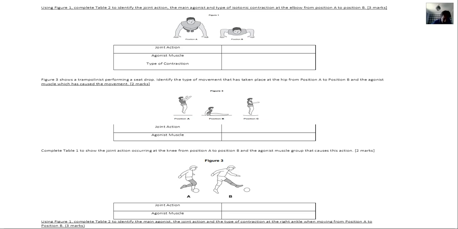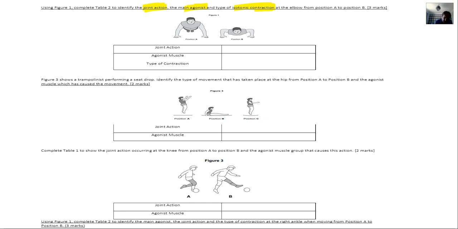Let's make sure we fully use our exam technique first of all. Joint action, remember, just means type of movement. We then need to give the prime mover. We've already been told in this question that it's an isotonic contraction, so we've got a 50-50 choice of whether it is concentric or eccentric. So we have a look.